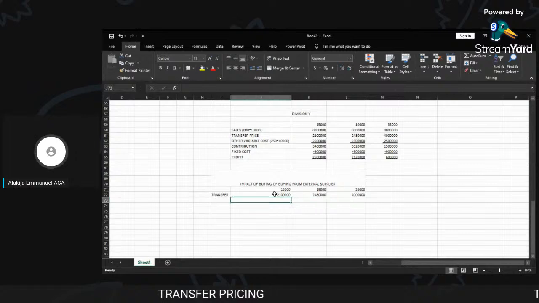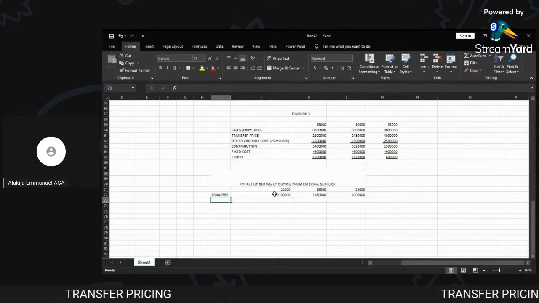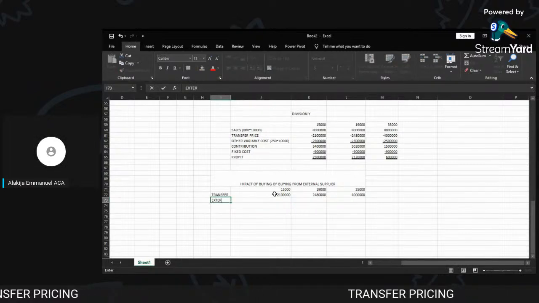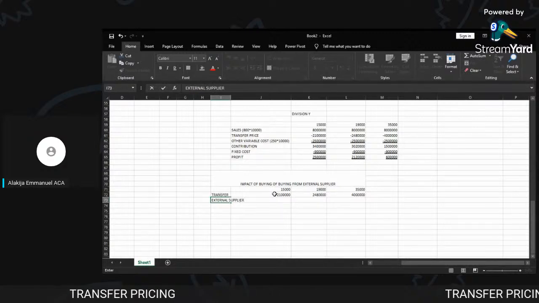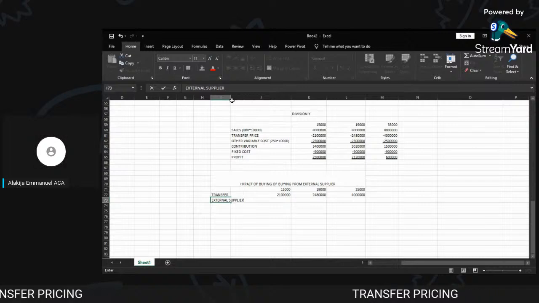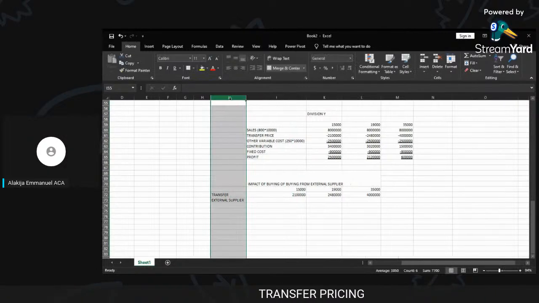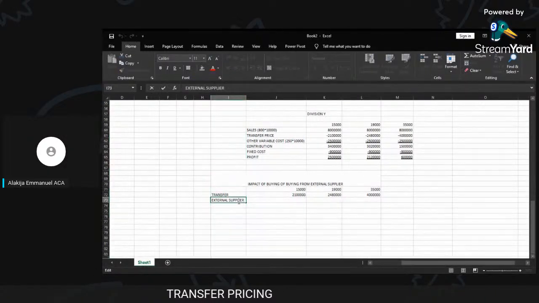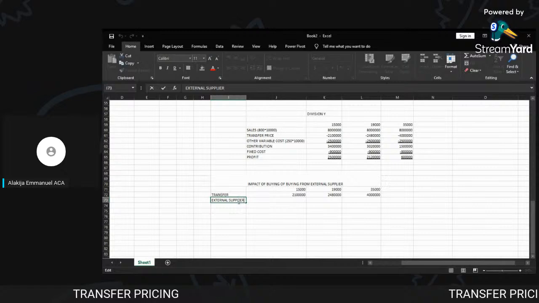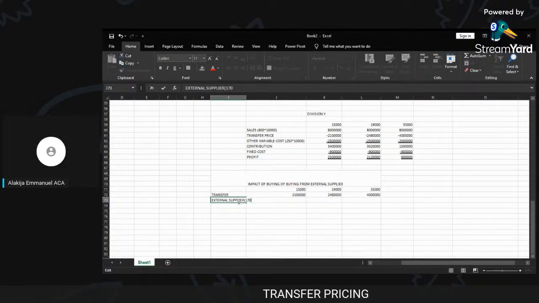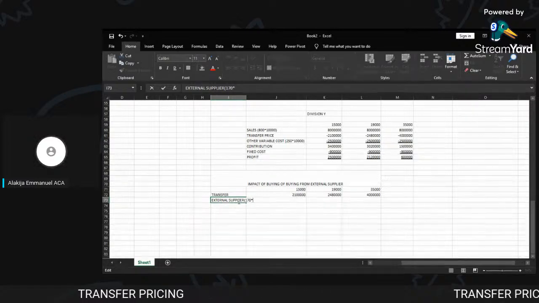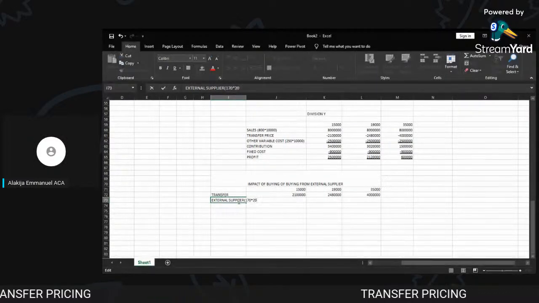And if you are going to buy outside from an external supplier, it is going to be 170 multiplied by the 20,000 we are buying from the external supplier.